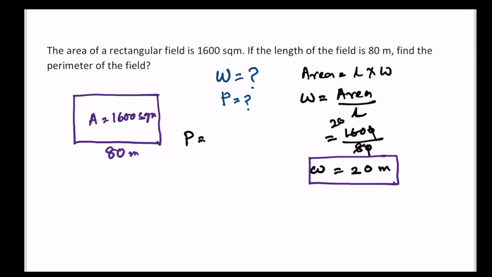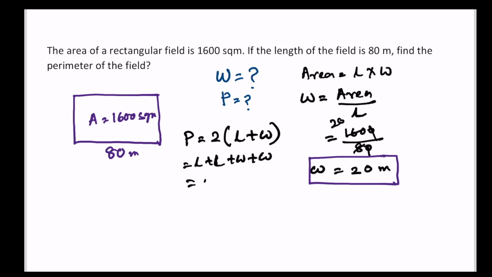The formula of perimeter: perimeter is equal to 2 into (length plus width). If you don't want to use this complicated formula, you can use length plus length plus width plus width. I'm just simplifying it.